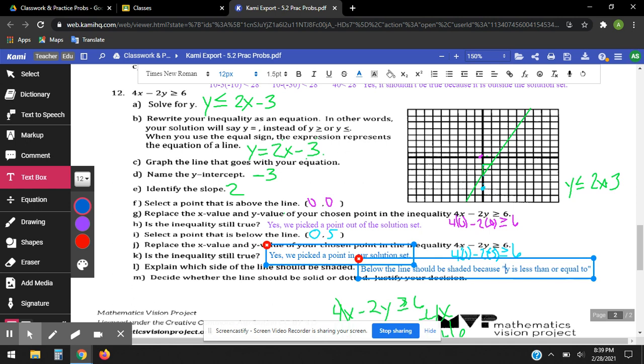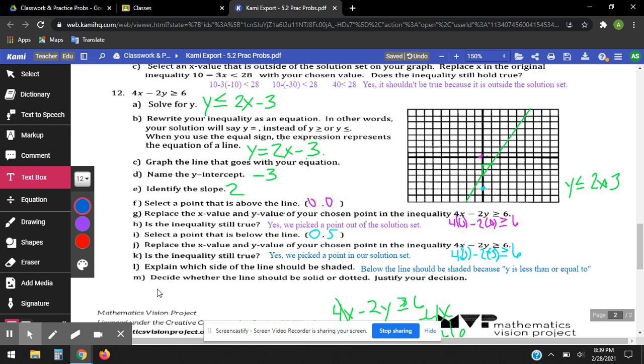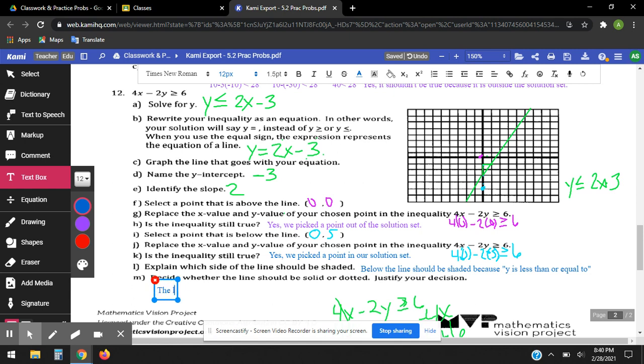We want it less than or equal to, so it should be lower than the line. Decide whether the line should be solid or dotted. In this case, the line should be solid, because y can equal the equation.